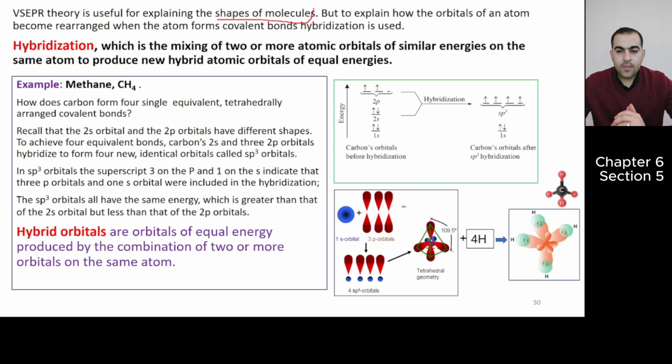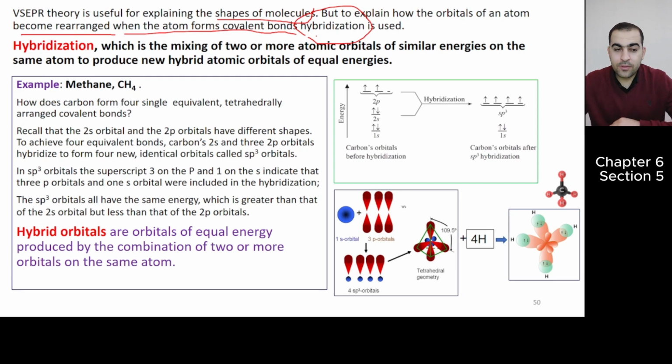But if we want to know what happens to the orbitals when they make bonds, we must know hybridization. Hybridization is very useful. It is used to explain how orbitals become rearranged when atoms form covalent bonds.